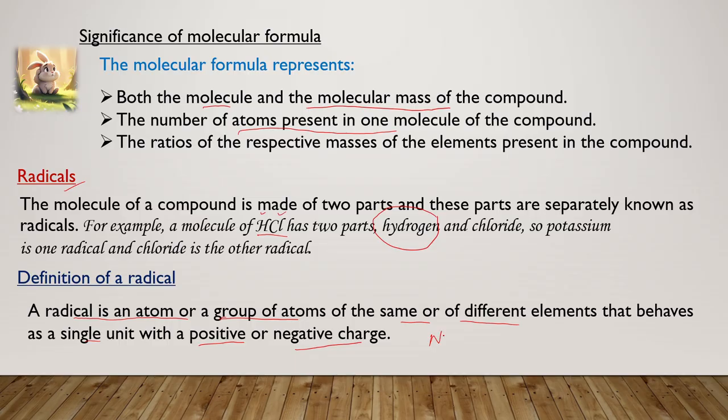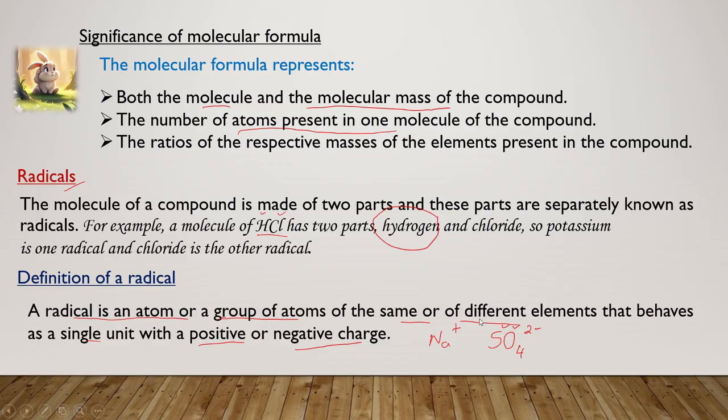Na+ is a radical with only sodium ion. But now there is another radical, SO4 2-. This is the sulfate radical. Here you can see there is a sulfur atom and oxygen atoms, but they together act as one unit, and such an atom or a group of atoms is known as a radical.